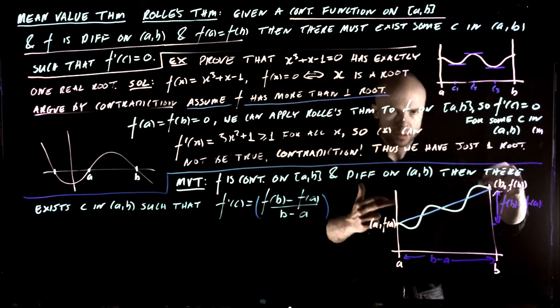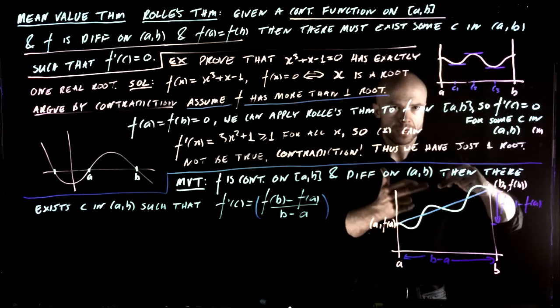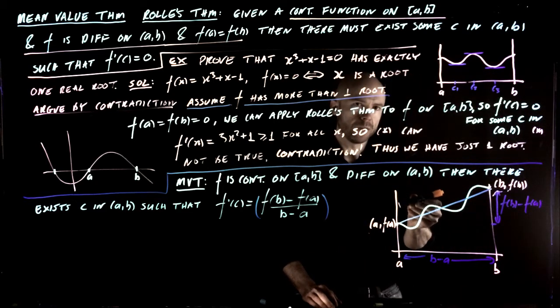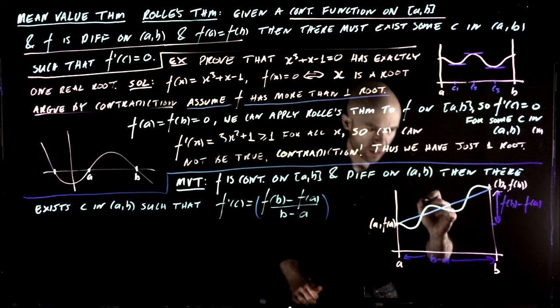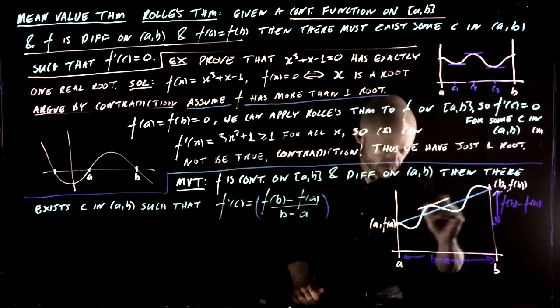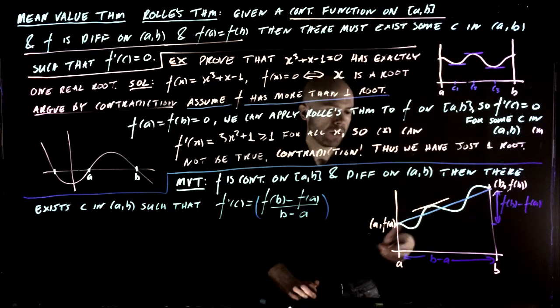So imagine moving this line up and down until you touch parts of the graph, right? And when you touch a point of the graph, you will see that what you've got there is a tangent line, yeah? So for example, right here, the tangent line to the point right here is parallel to the secant line.